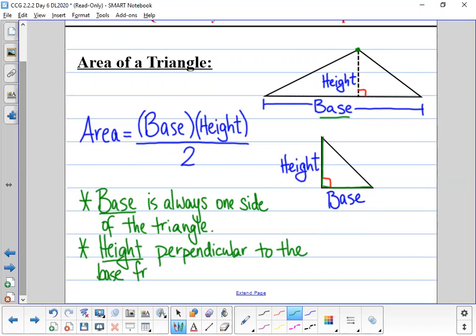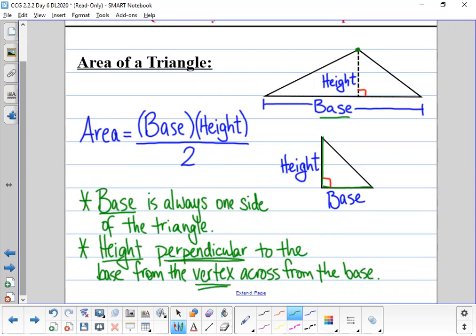And it's coming from the vertex across from the base. So the important thing is we need it to be perpendicular. The height and the base have to be perpendicular to each other, and the height has to come from the vertex that's across from the base. And the base will always be one of the sides of your triangle.